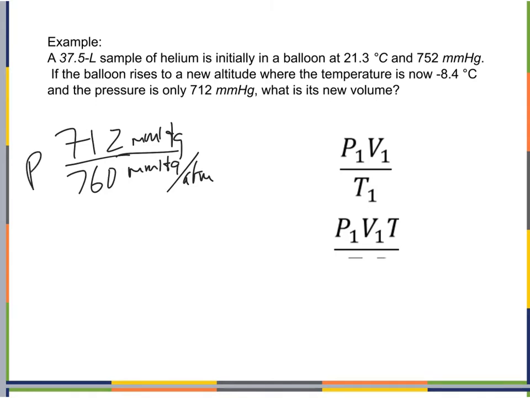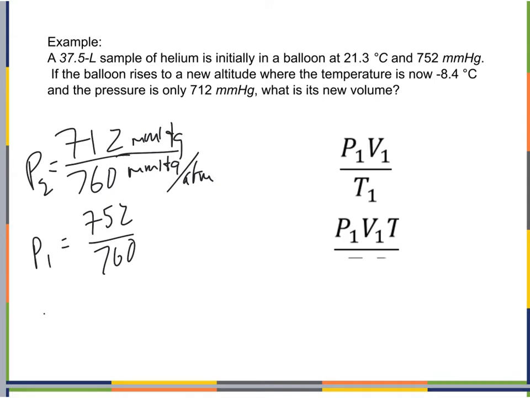Right, so this is going to be P2. P1 is equal to 752 over 760. And then temperature: we have to convert these to Kelvin.